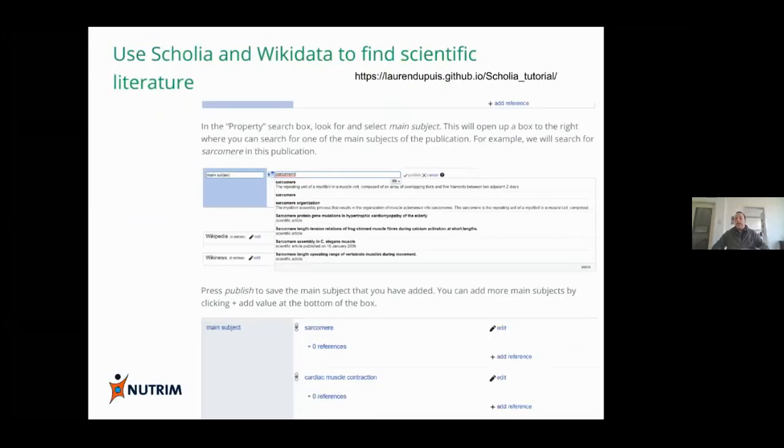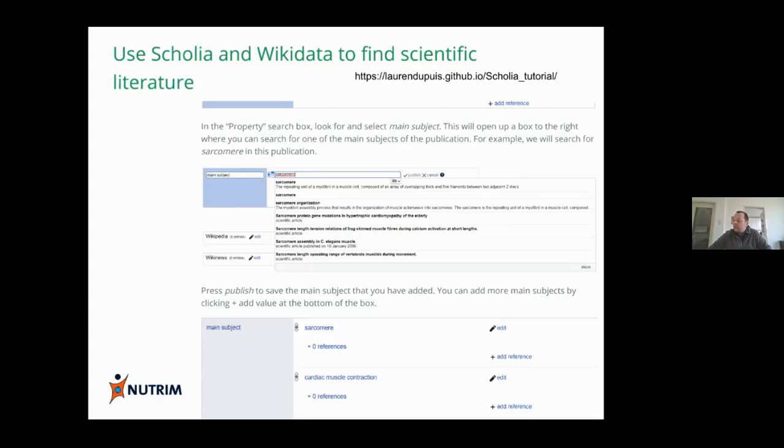And finally, I want to mention this Scholia tutorial, which is about Scholia and how you link articles with topics. If you're interested in having your own research annotated in this database, then here you can do that.